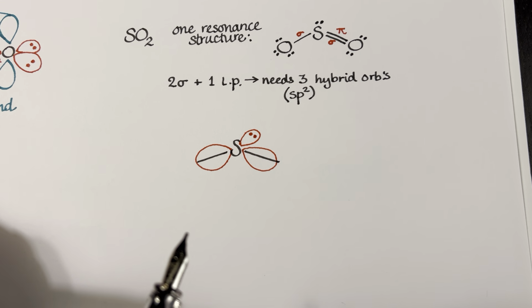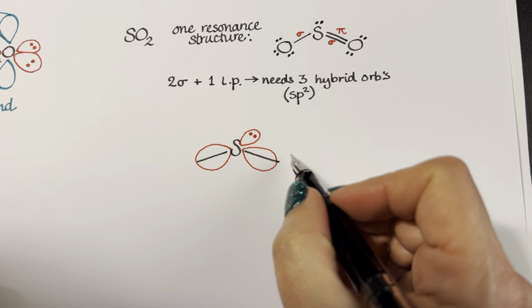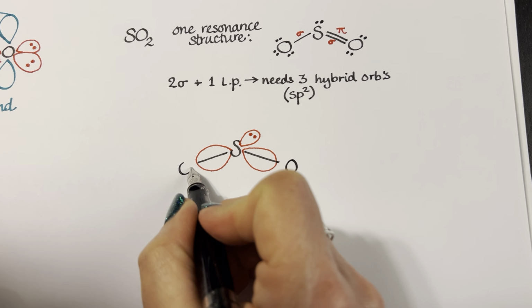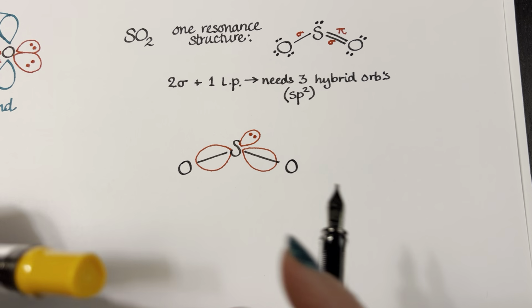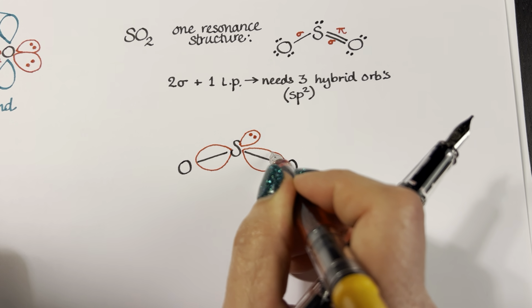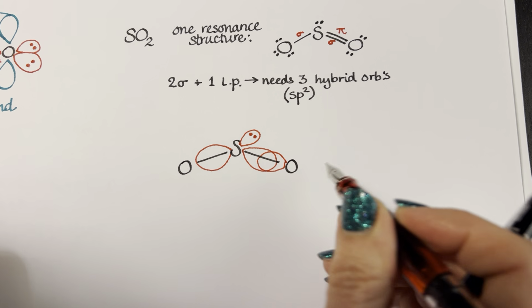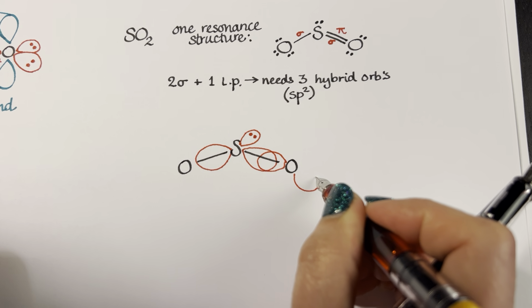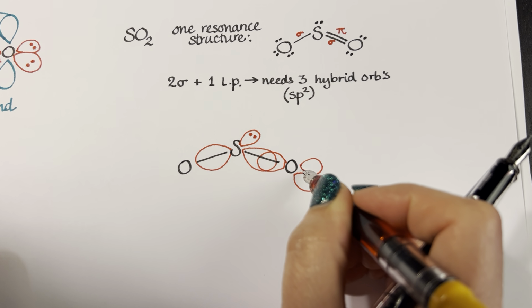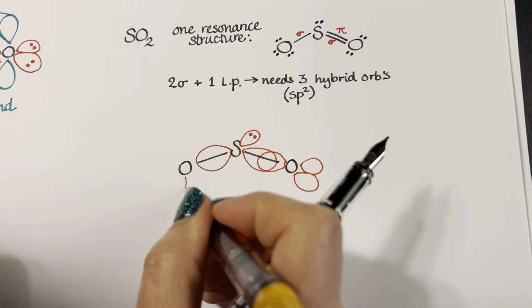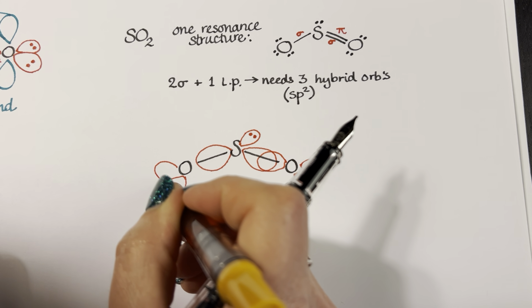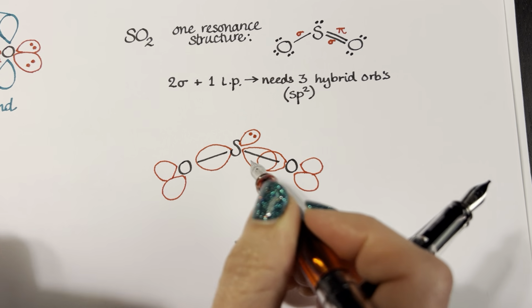Meanwhile, the oxygen atoms will also be sp2 hybridized. And now I'm going to show you why I'm having both of these oxygens be sp2 hybridized.